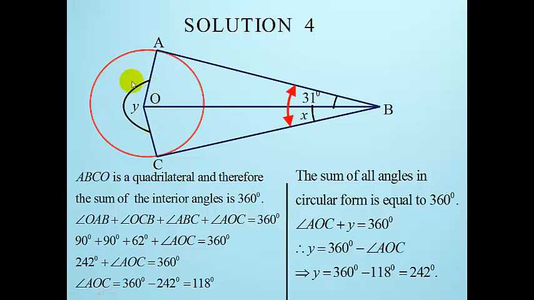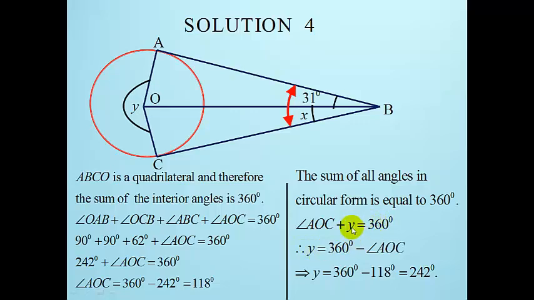Now you know that the angle formed around a point at the center of a circle is 360 degrees. Now that you have gotten the angle at O, that is angle AOC, to be equal to 118 degrees, if you want to find the value of y, you can subtract 118 from 360. The sum of all angles around the point is equal to 360, so angle AOC plus y equals 360.